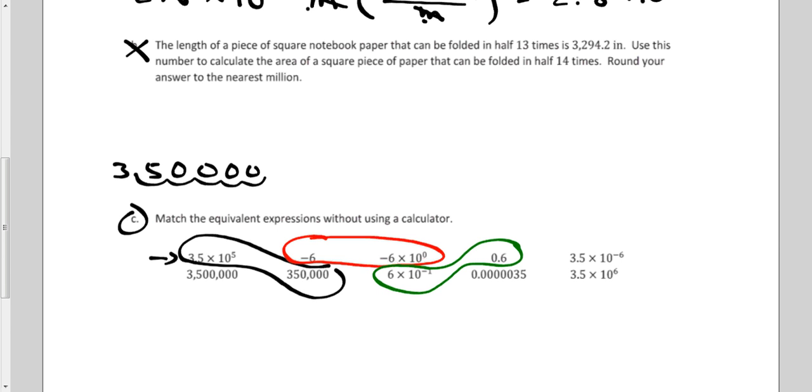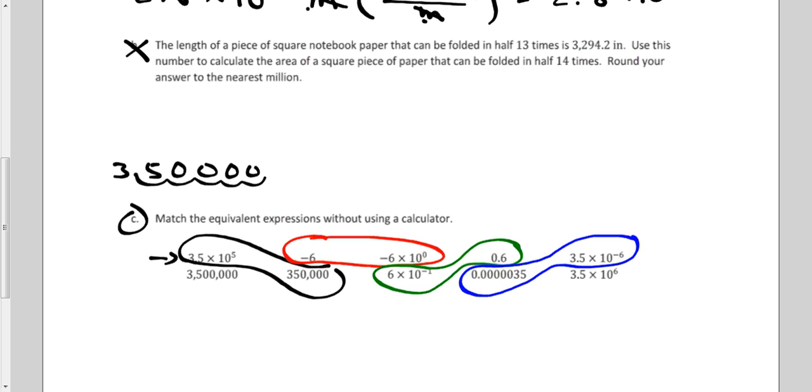I'll buy that for $1. Okay, how about 3.5 times 10 to the negative 6? Which one is that, Mason? The one under 0.6. Oh, down into the left one, right? This one goes to that one? So, right here. Do that one in blue.